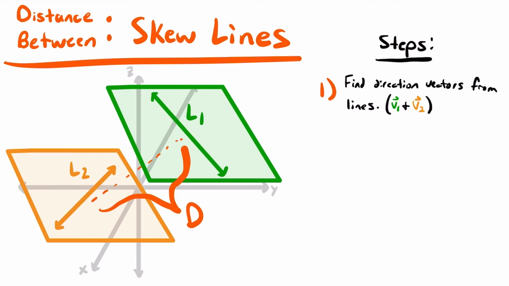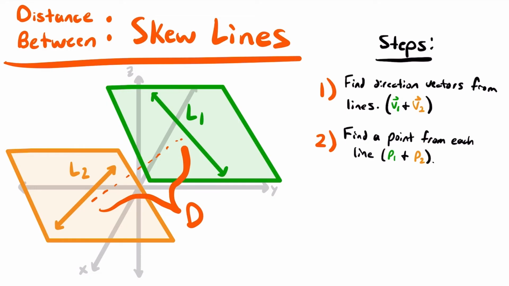But the second step is to find a point on each of those lines. All right, and we'll call those points P1 and P2. Now, both of these two things, the direction vectors for the lines and the points on these lines, are going to be pretty simple to find because both of those things are built into either the symmetric equation or the parametric equations for lines in 3D space. All right, so we will be able to identify the direction vectors and the points pretty easily.